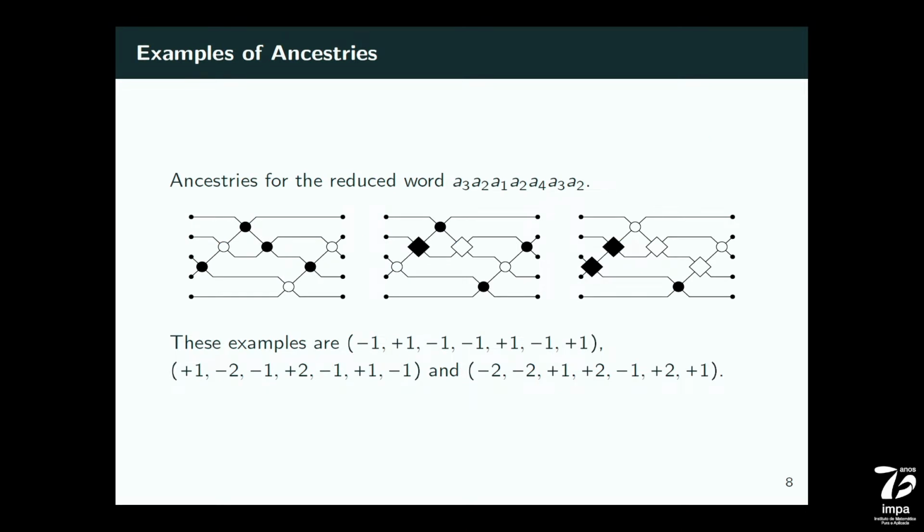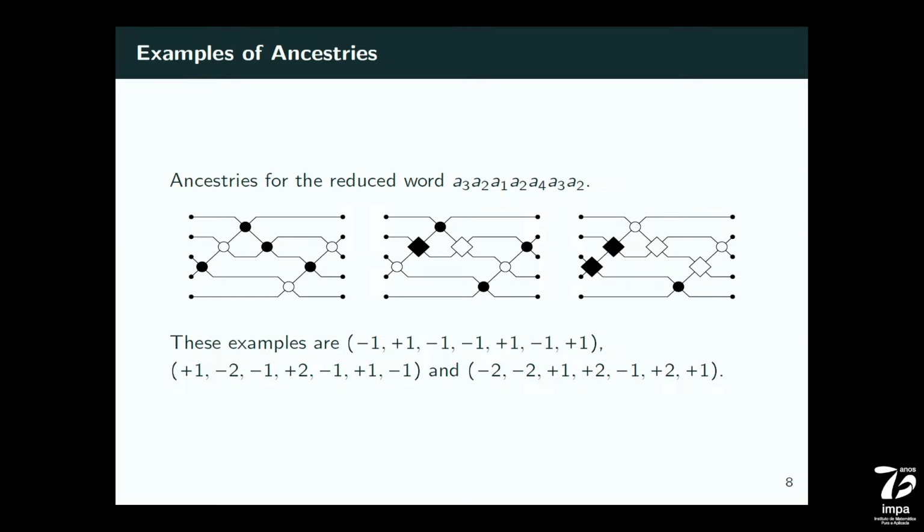This is a reduced word A3, A2, A1, A2, A4, A3, A2, like this. We read from left to right. And they are ancestries. Let me explain what this means. In this first example, they have this label, the ancestry. I read here -1. So we put -1 for this black disk.